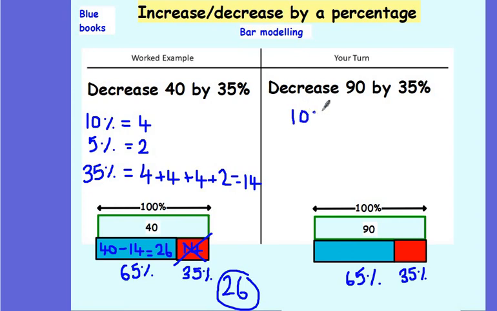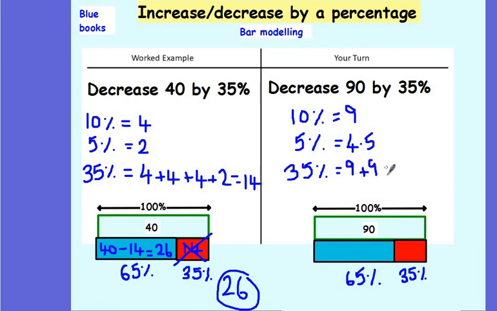Well, 10% of 90 is 9. 5% was 4.5. So 35% is 9 plus 9 plus 9 plus 4.5, which gives me 18, 27, 31.5.